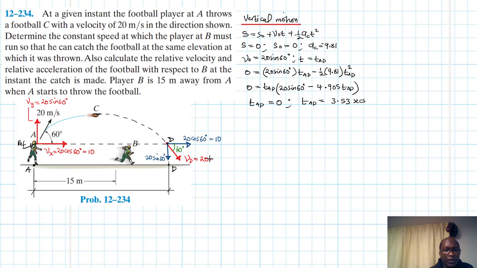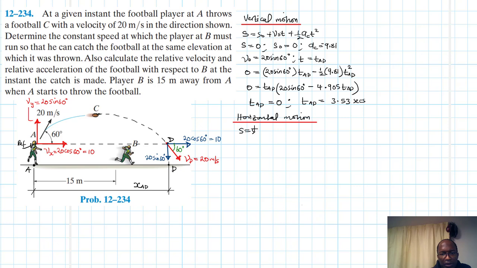We now need to find X_AD so that we find V_B. So let's use the horizontal equations of motion. There we go. So what do we have?